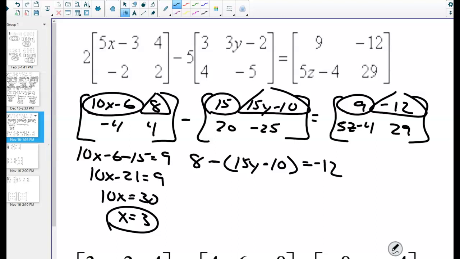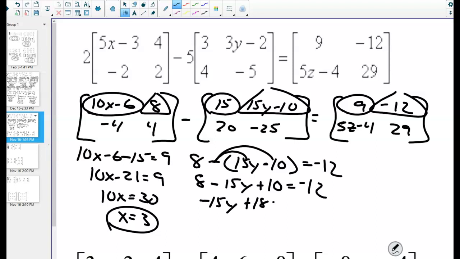No. It's 8 minus 15y plus 10. That negative has to go to both terms. So now we're left with negative 15y plus 18 equals negative 12. Negative 15y equals negative 30 when I move the 18 over, and my y equals 2.